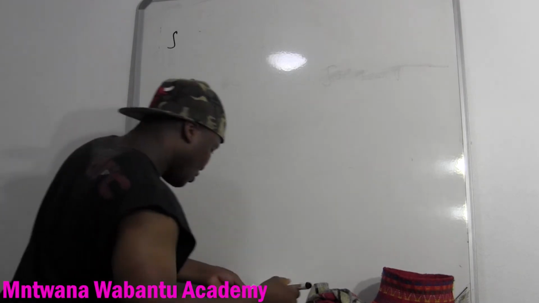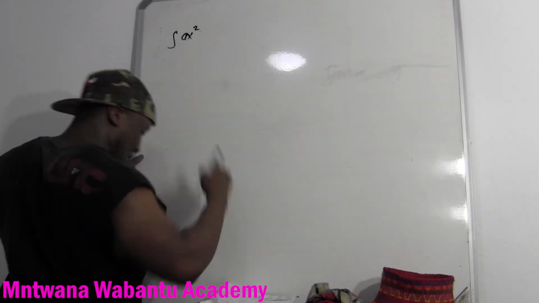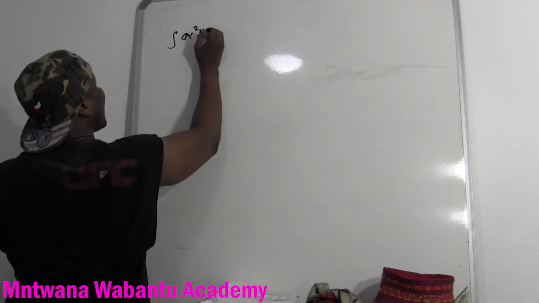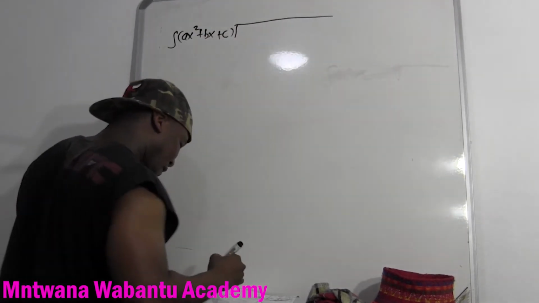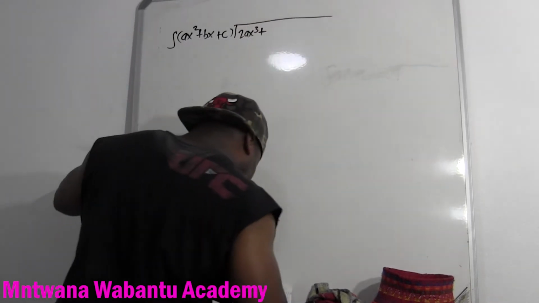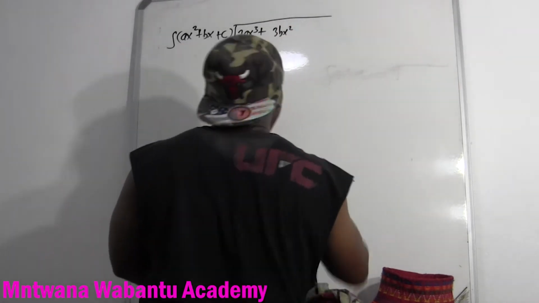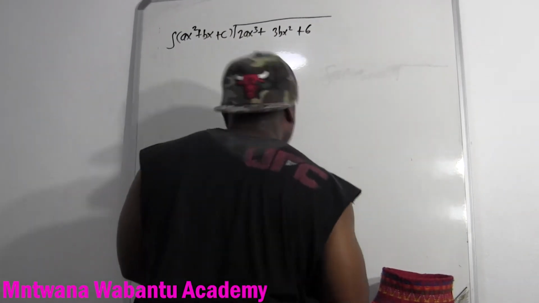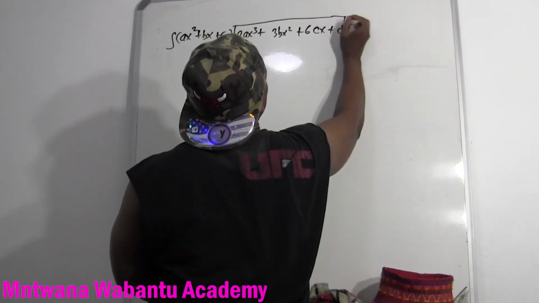So we got the integral of (ax squared plus bx plus c) times the root of (2ax cubed plus 3bx squared plus 6cx plus d) dx.